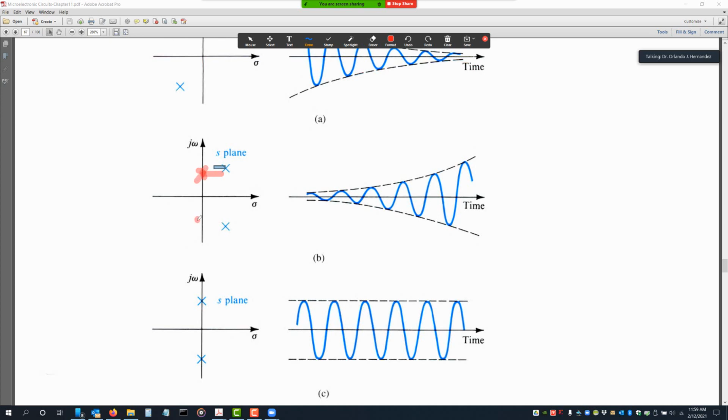So now you get the sustained oscillation. Okay, so that's how oscillators are built.